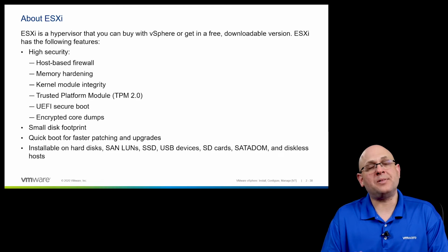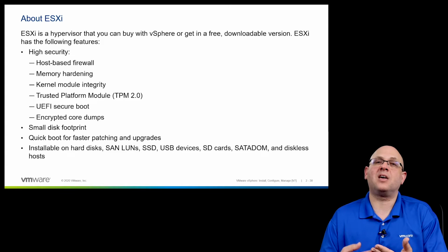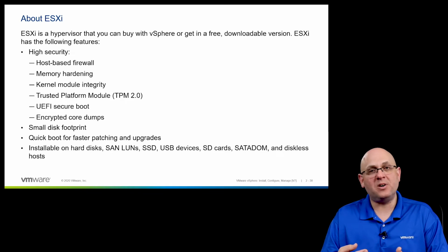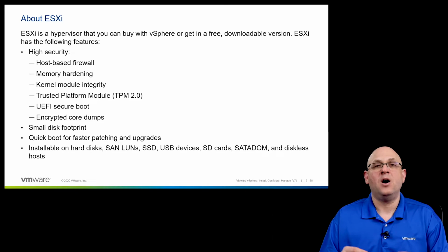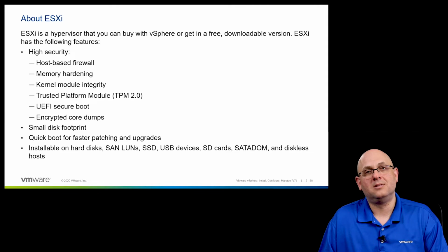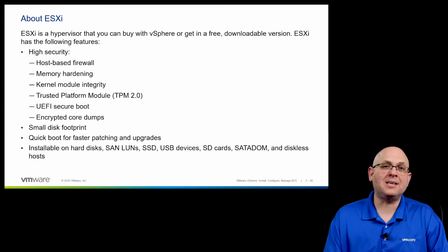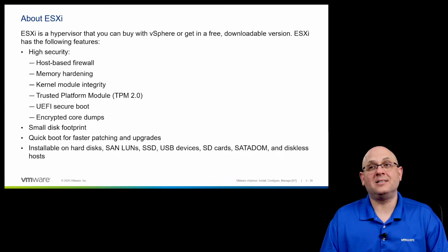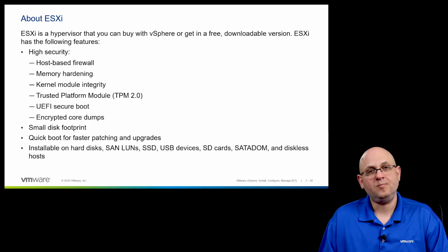As the bootloader then begins to load the kernel, our kernel module integrity checks kick in to ensure that each of the components along the boot string are intact and have not been compromised. So you can be sure that when you boot ESXi, it is secure, it hasn't been compromised, it's intact, and no malware has infected it.